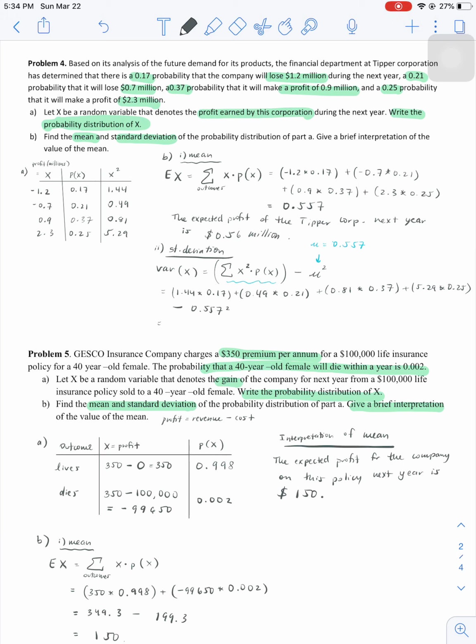If you work that out, that'll work out to be 1.9699 minus 0.557 squared. Let's plug that in.